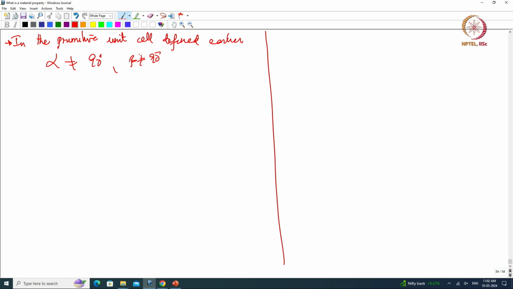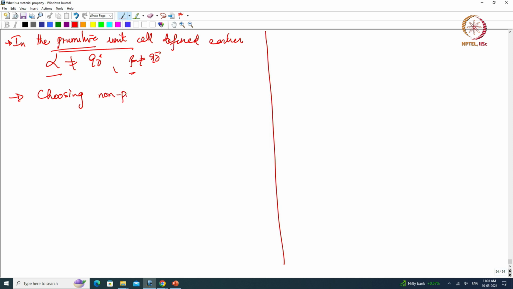So, if there is an underlying symmetry which is two mirrors, then choosing this primitive unit cell is not good, okay.